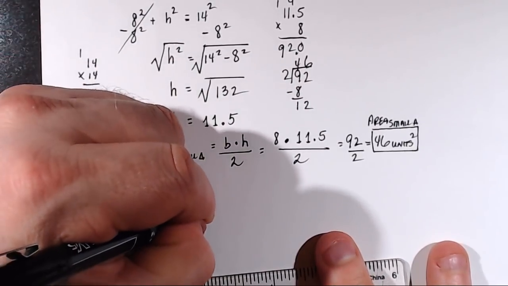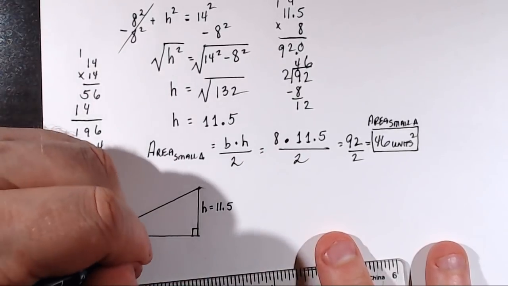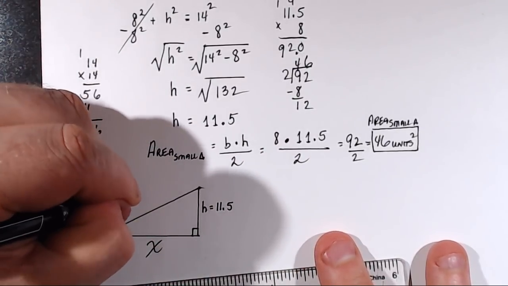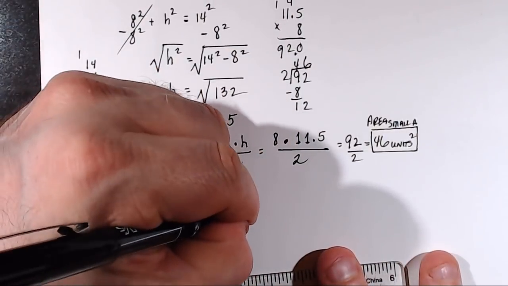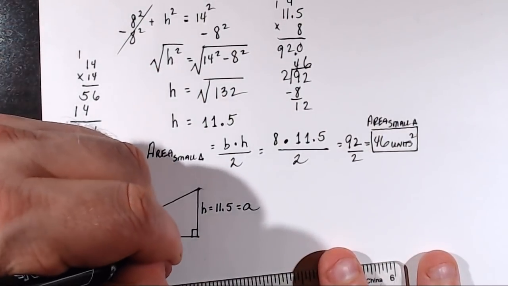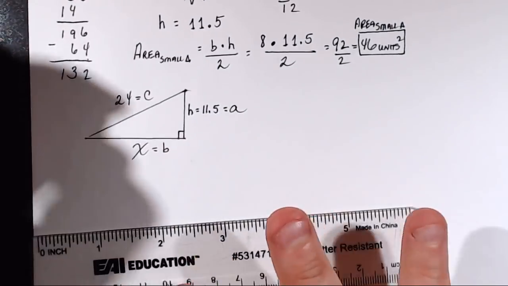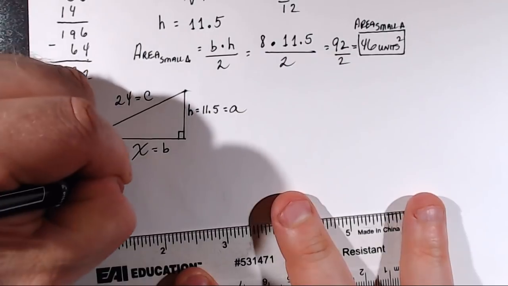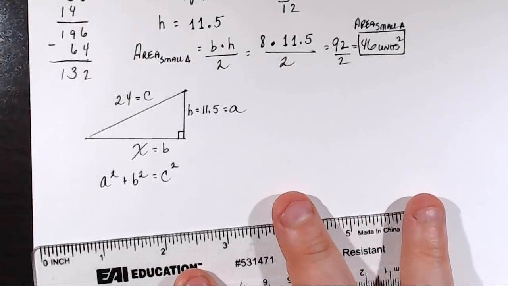This is h equals 11.5, and this is x, and this is 24. Now, 11.5 will be A, x will be B, 24 will be C. So A squared plus B squared equals C squared.